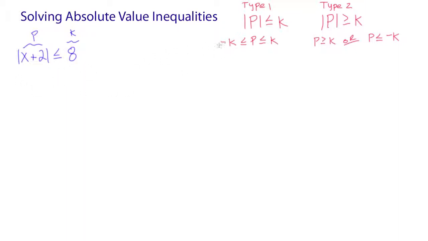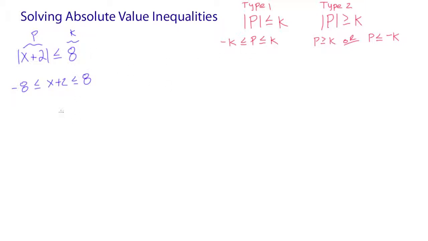So we take this generalized answer and put it on our problem. Negative K is negative 8, less than or equal to P, x plus 2, less than or equal to 8, which is just regular K.